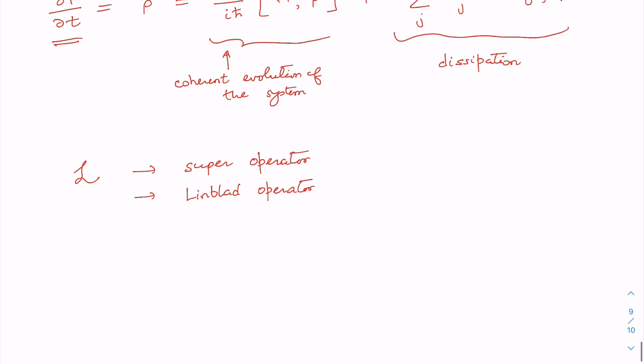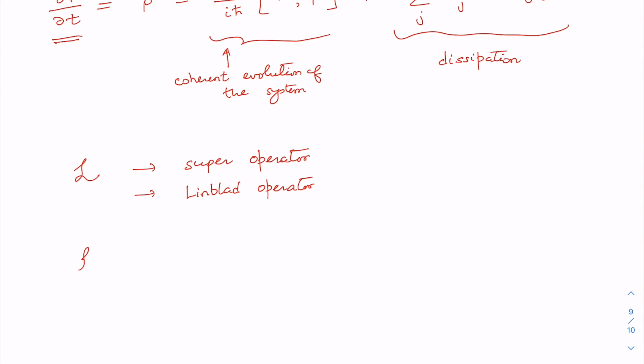And it has the following structure. Let me explain. The Lindblad operator is a function of some arbitrary operator A, and it operates on the density operator rho, and the whole thing has this structure.